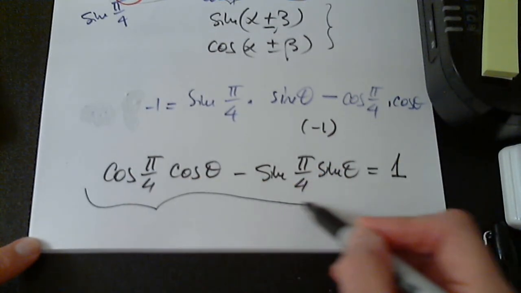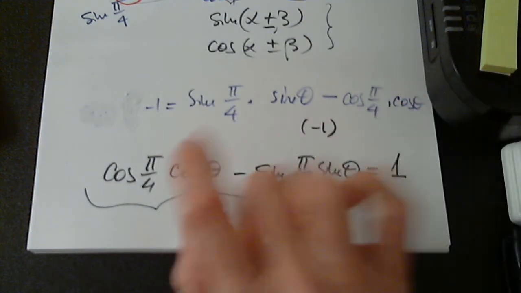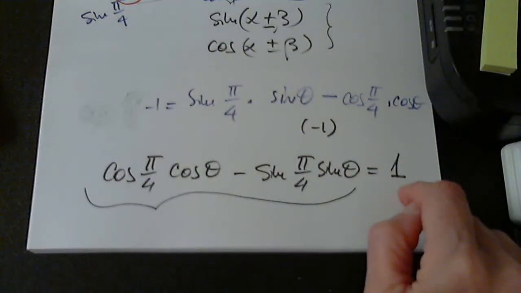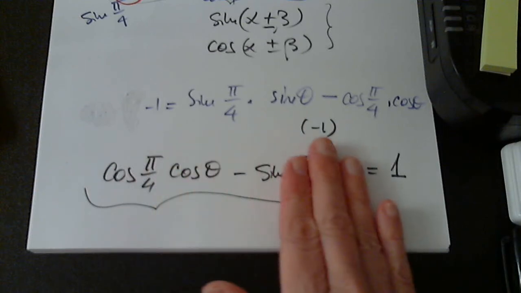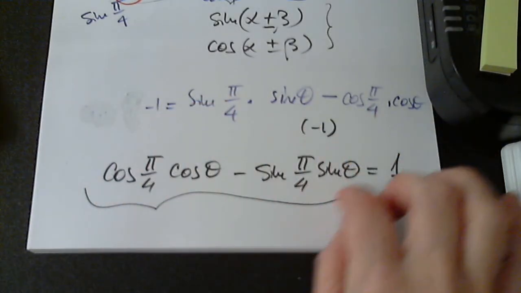Can anyone replace this by what it equals to? So this times -1 is positive, this times -1 is negative, this times -1 is 1. Now we have to think of how to condense this. Cosine pi over 4 cosine theta minus sine pi over 4 sine theta. What do we replace this by?